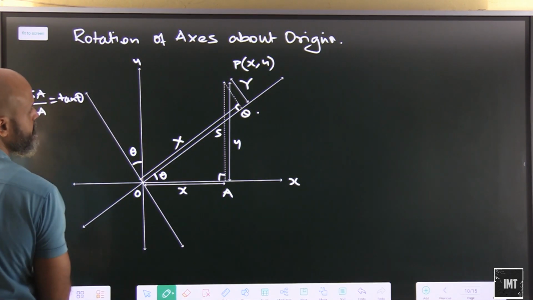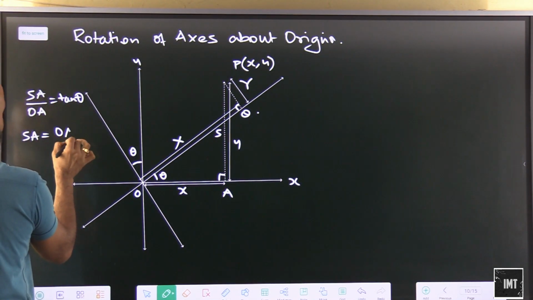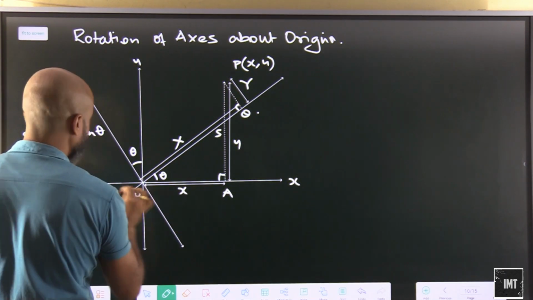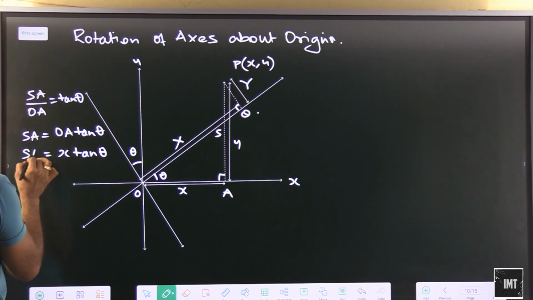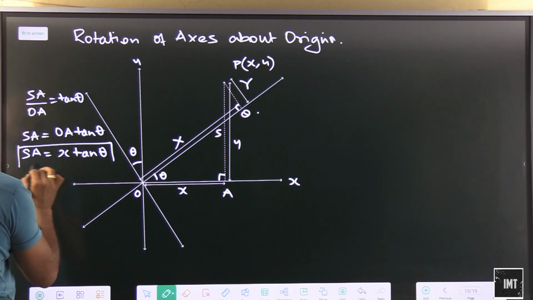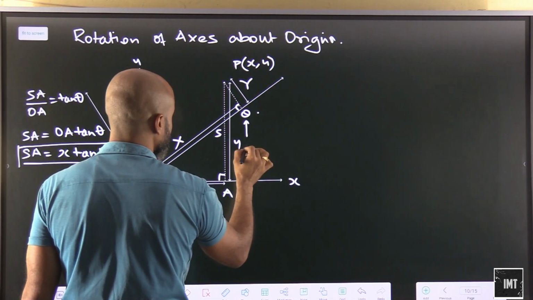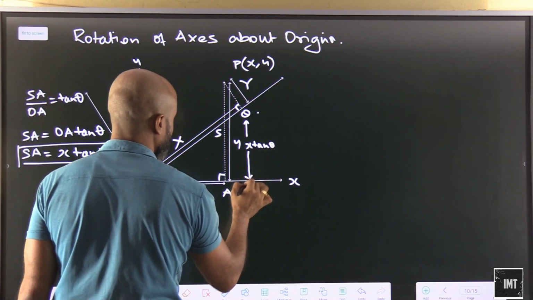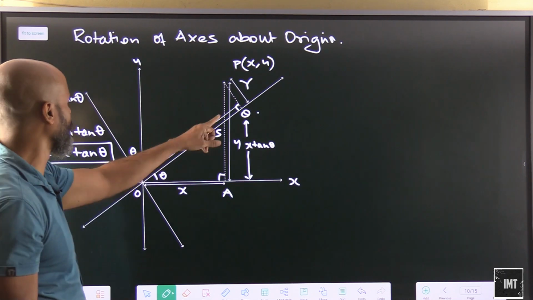So SA is how much? SA is not known to us, so it will be equal to OA tan theta, and OA is X, so SA will be equal to X tan theta. Now what is going to be the value of OS?